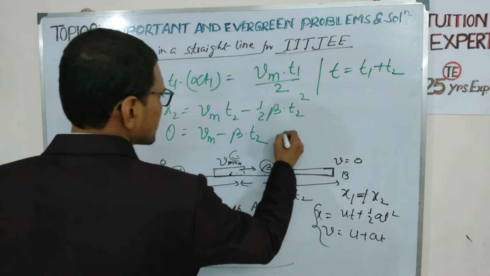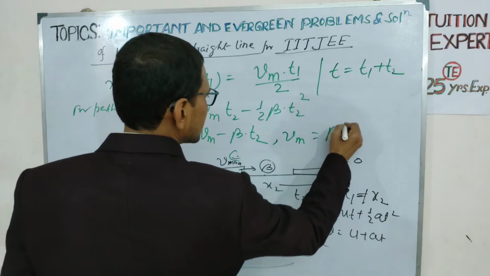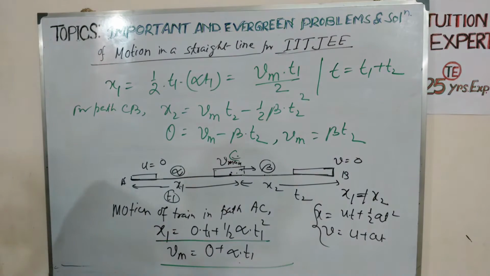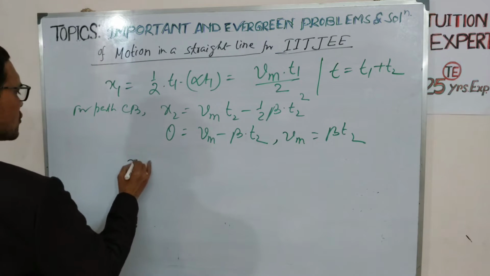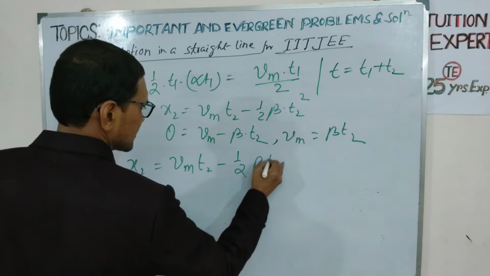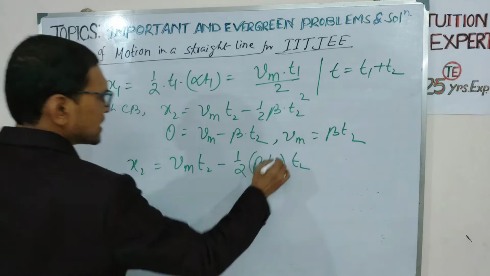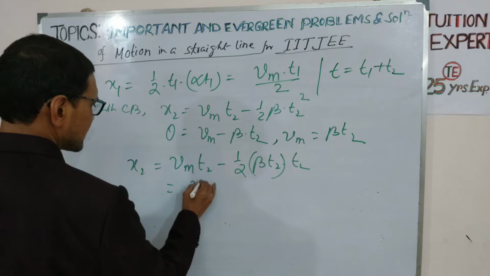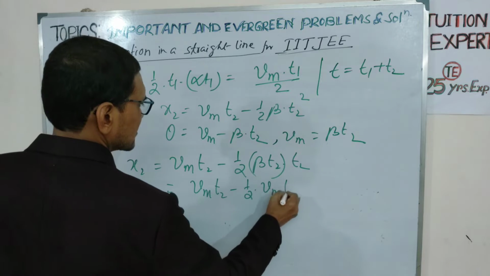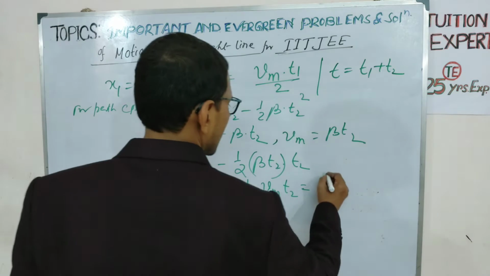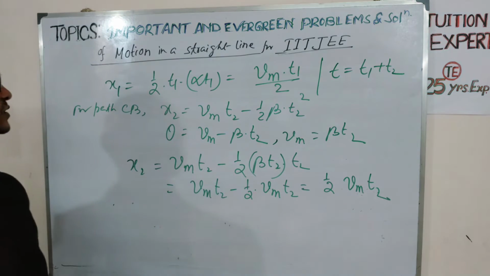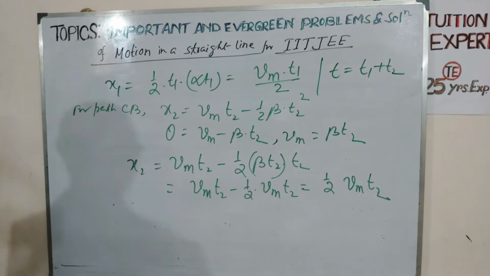Now from this we get vm equal to beta t2. So putting vm here, we get x2. So x1 equals this and x2 equals this.